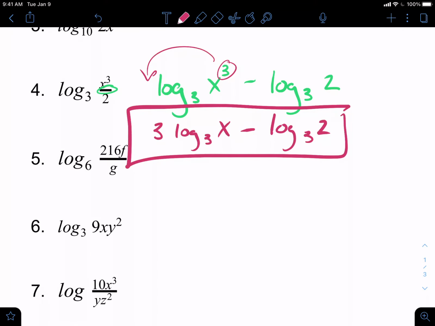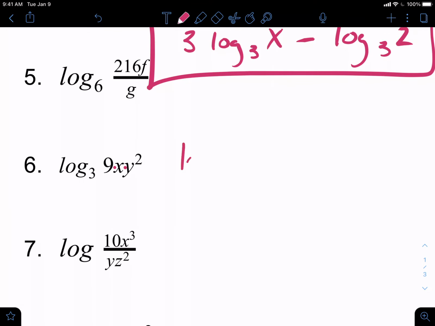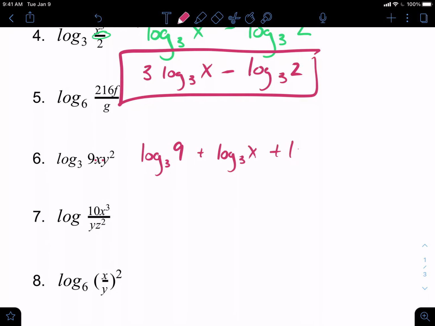Going ahead and looking at problem number 16, we have log base 3. In this situation, we have multiple things that are being multiplied together. So this will be log base 3 of 9. Anytime it's multiply, that really means add. So plus log base 3 of x plus log base 3 of y squared.